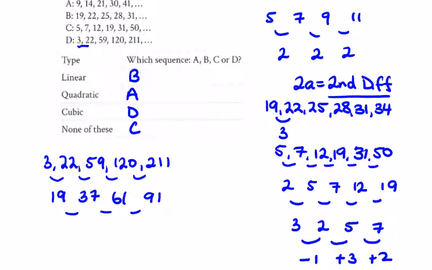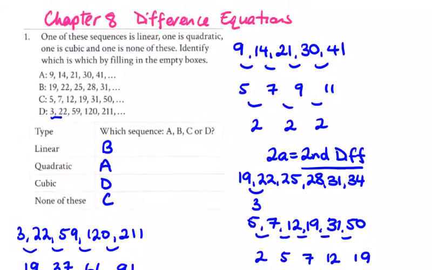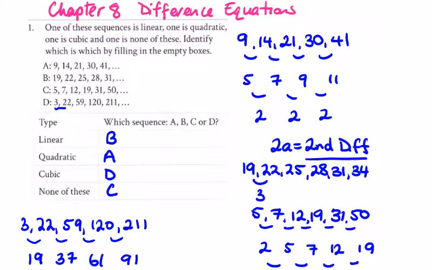And our second difference, 19 up to 37, 18, 37 to 61 is 24, and 61 to 91 is 30. We can see here the third difference is the same, 6 and 6. So D is cubic. So that's question 1. Practice these, your first, second, third differences, and then move on to question 2.